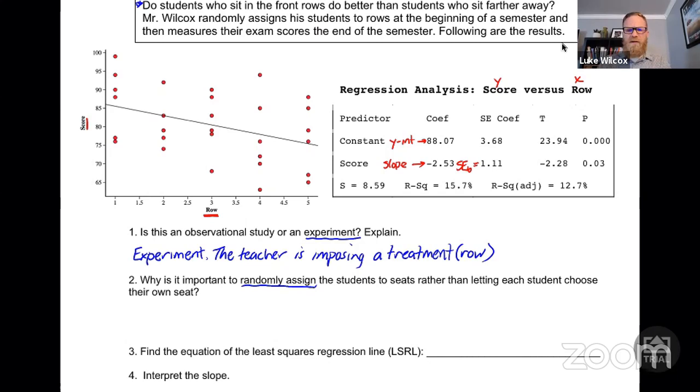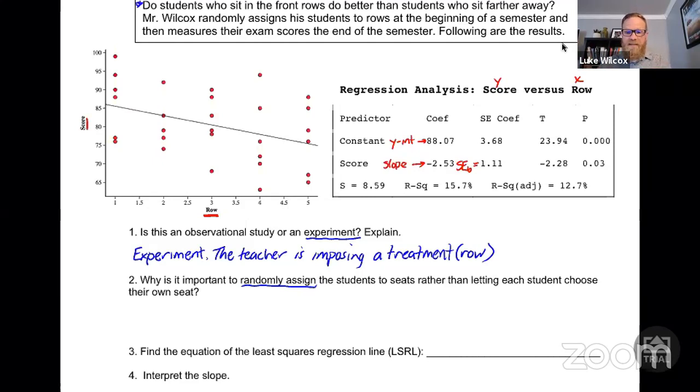And those students that are trying to hide out or maybe want to goof around, they would sit way in the back, right? And then at the end of the semester, if I noticed that the students in the front rows were doing better than the students in the back rows, I wouldn't know if it was because of the row that they were in or if it was because of some other variable, like how motivated they were to learn, right?